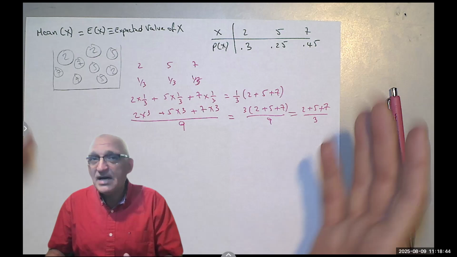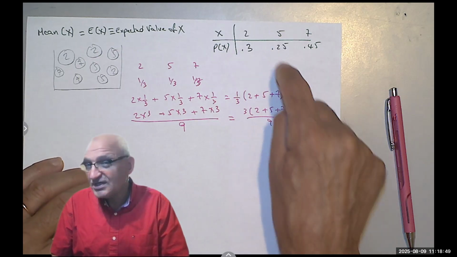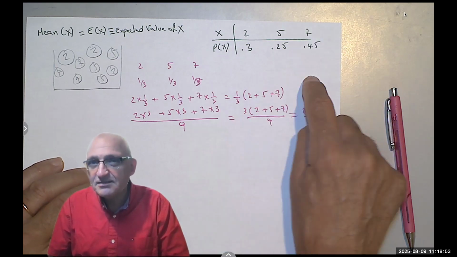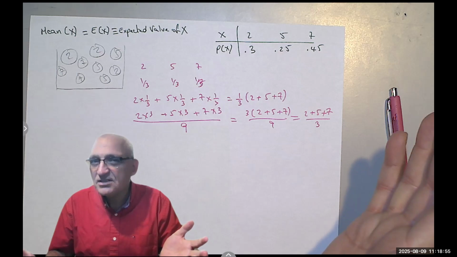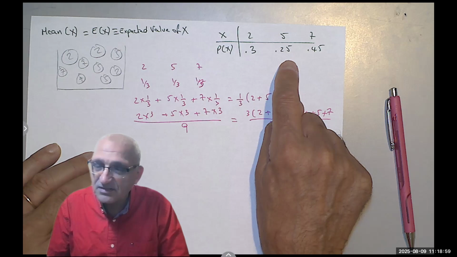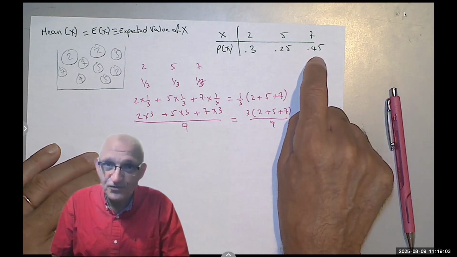And then if you add them up, you would say 2 times 30 plus 5 times 25 plus 7 times 45 divided by their total, which is 100. Notice that 30 over 100 is 0.3, 25 over 100 is 0.25, and 45 over 100 is 0.45.